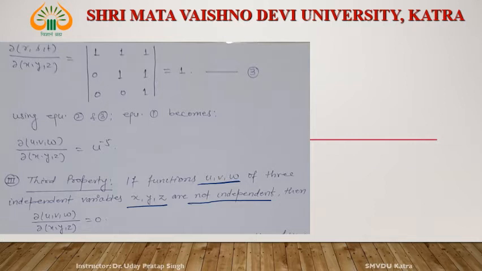It means the Jacobian of u, v, w with respect to x, y, z is 0. Right?